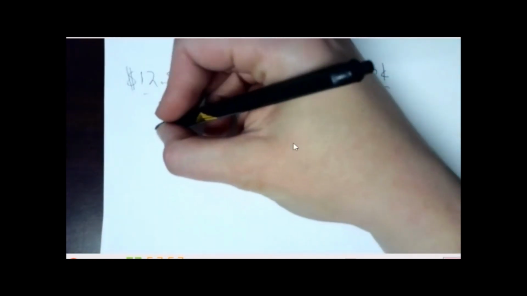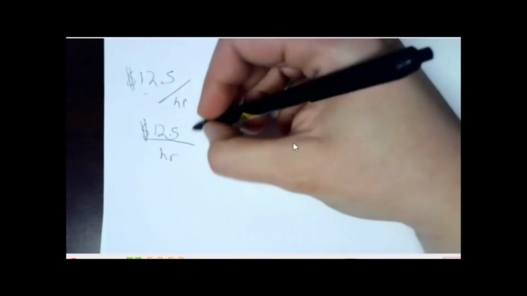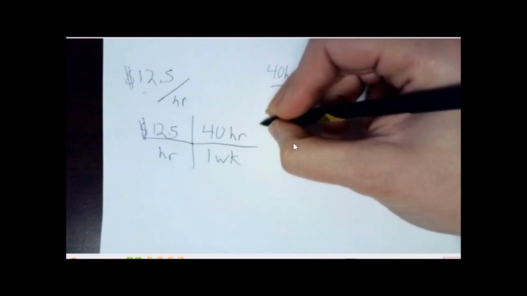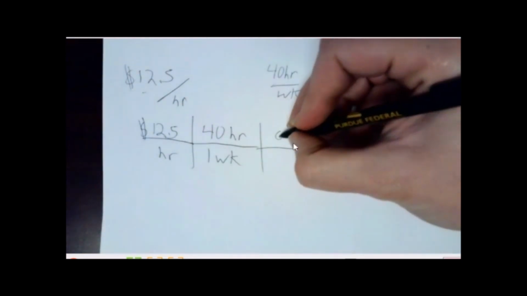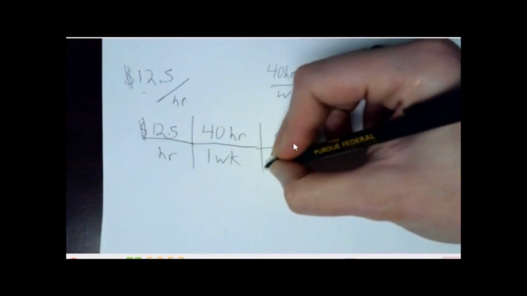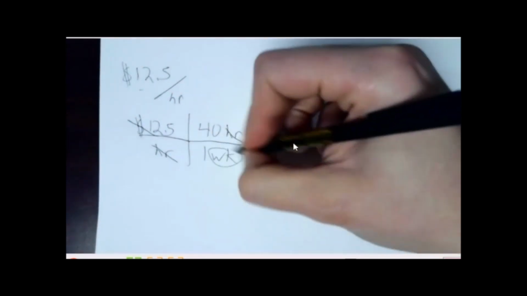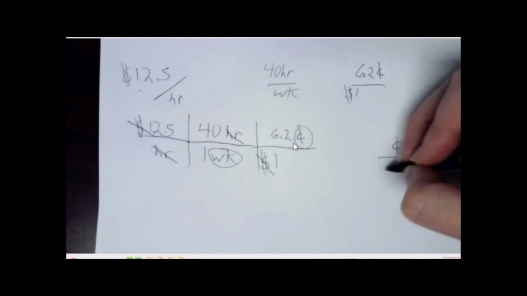So I'm going to set that up. My first ratio, $12.50 an hour. Then 40 hours in 1 week. And then 6.2 cents for every $1 I earn. So the dollars cancel out, my hours cancel out, and my units are left with pennies per week.